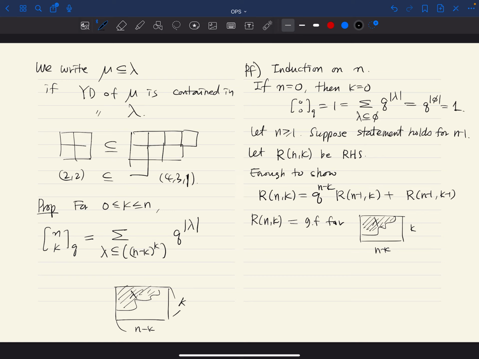So there are two cases here, and this can also be considered as a lattice path from here to here, right?